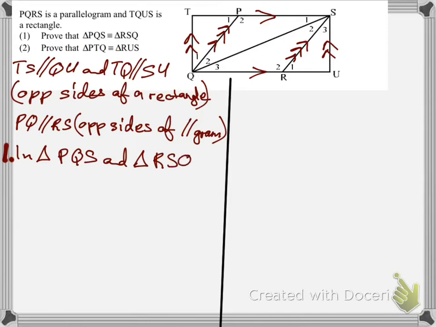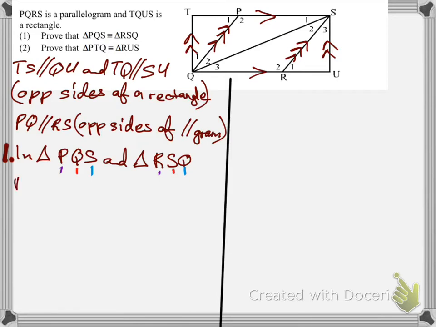So the arrangement of these letters is very, very crucial. So already you must know that this one will correspond with that one. Can you see? And this one will correspond with that one. And finally, we must also know that this one is corresponding with that. So it's a clue which every time you are given these letters, if they are arranged in that way, it shows you that those given angles will be corresponding, but you have to prove it, right?